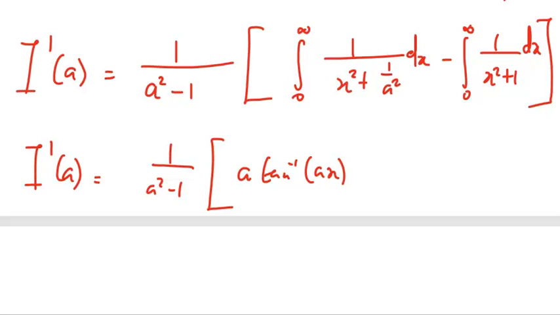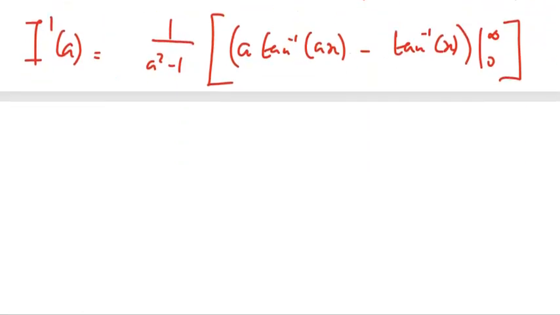Hope I'm getting this right. And then minus, here this is just the inverse tangent of x. So remember we're taking this limit from 0 to infinity. Okay, so from here, I prime of a is equal to 1 over a squared minus 1.